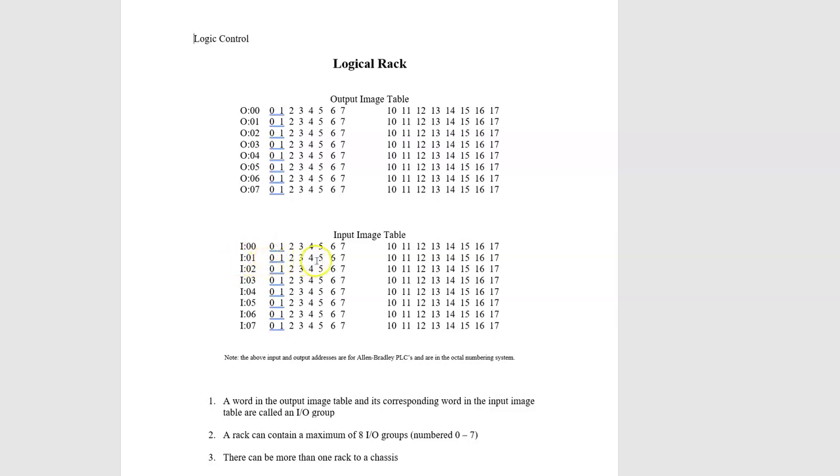And then over here I can trace it all the way down to a specific bit position. So this number 6 right here represents a cell. The 6 is just an address, and that cell can contain a 0 or 1. And so we're able to reference that cell if I know which input card, in this case 0, 1, and if I know which slot or cell in the input image table contains that binary information, I can map it down to this actual bit position right here.